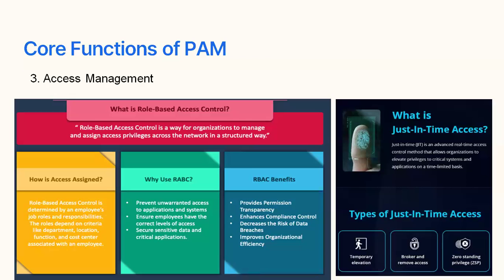So how does it differ from least privilege? What is the main difference when we talk in terms of IAM terminology? Identity and access management means the right user should have the right access at the right time.